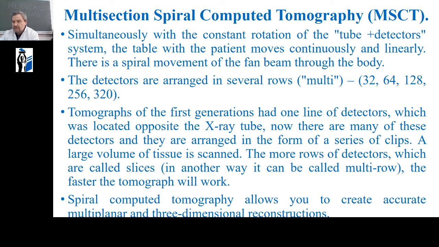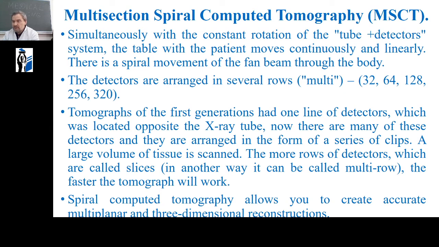Tomographs of the first generation had one line of detectors, which was located opposite the X-ray tube. Now there are many of these detectors, and they are arranged in the form of a series of clips.